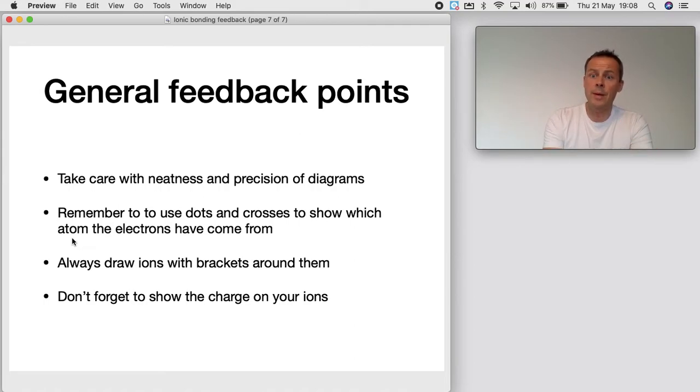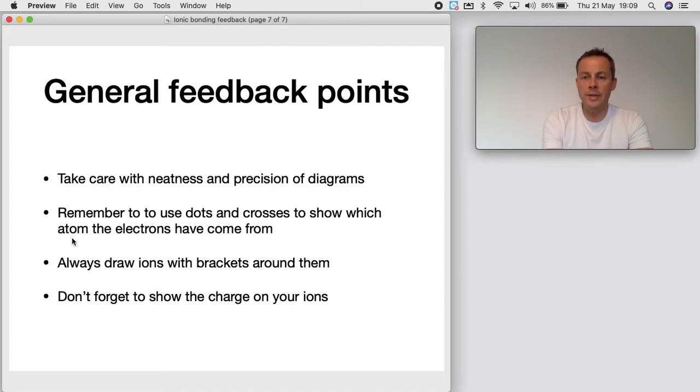Going back to the point I made previously as well, always use dots and crosses to show the electrons and where they have come from. It doesn't matter which way around you do it, but stick to that rule. So if you've said the electrons in the metal are a cross and the electrons in the non-metal are a dot, stick with that.